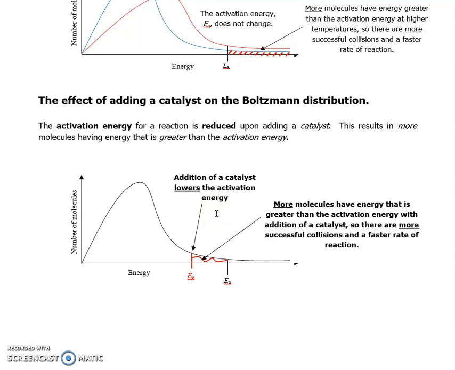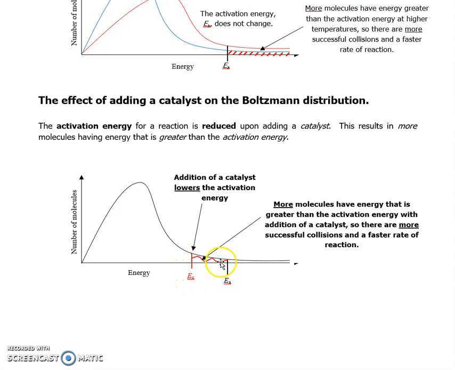If we look at the effect of adding a catalyst, here we've got just one line, which is our basic curve, and what we see is that we have a faster rate of reaction because the activation energy has now been lowered.